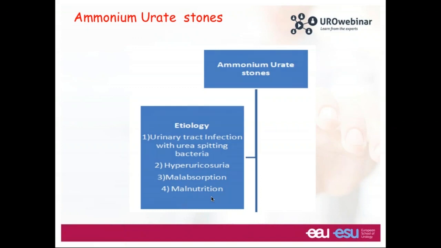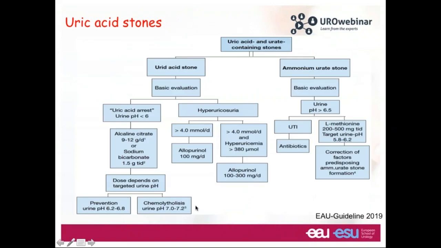Then if you have the uric acid stone, this is the therapeutic algorithm. So first you have the stone, you evaluate the patient, then you have to think why they formed the stone. Not all uric acid or urate-containing stone patients have the same reason they got the stone, and then you have to treat them.